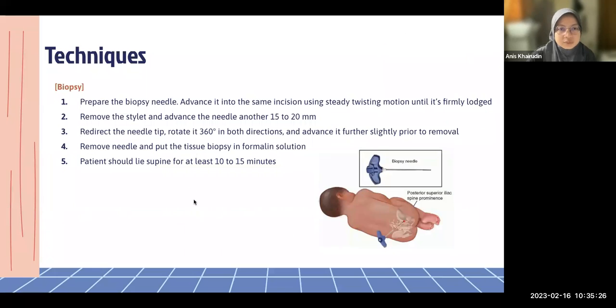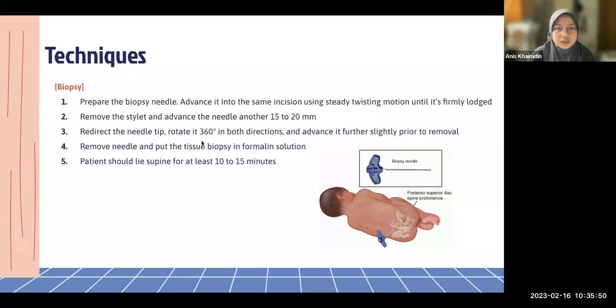For biopsy, if the patient needs a biopsy, again, prepare the biopsy needle and then advance it into the same incision, basically into the same site, using twisting motion until it is firmly lodged in the bone. Then we remove the stylet again, and we need to advance the needle another 15 to 20 millimeter because we need to get a tissue sample.